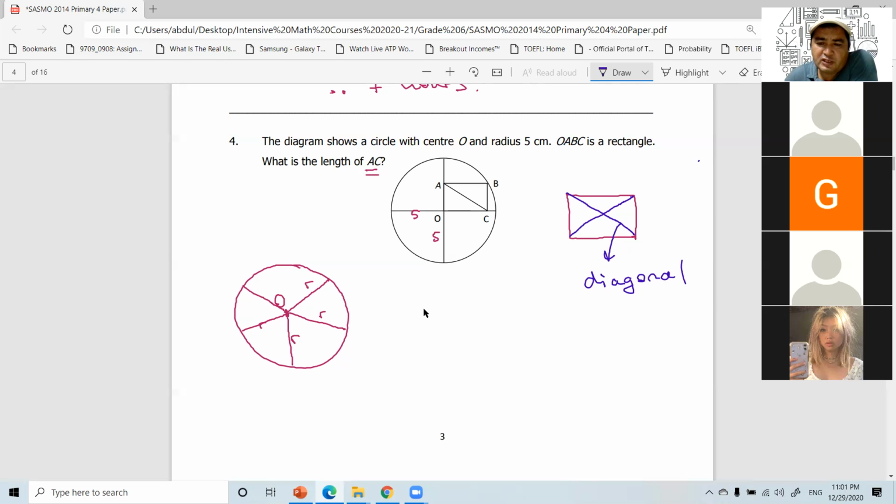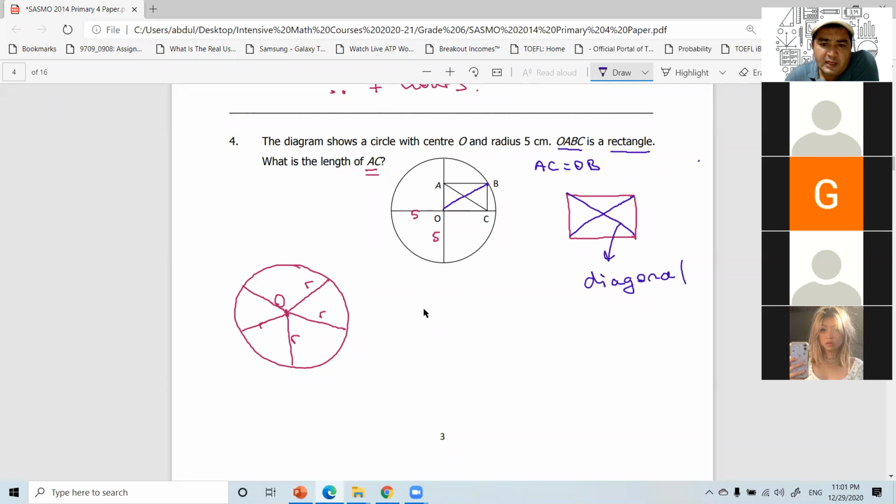So actually, you agree, right? The diagonals of a rectangle are equal. In the question, it says that OABC is a rectangle. As you see here, AC is one diagonal. How about OB? It is another diagonal. So from here, AC is equal to OB, right? We need to find AC.